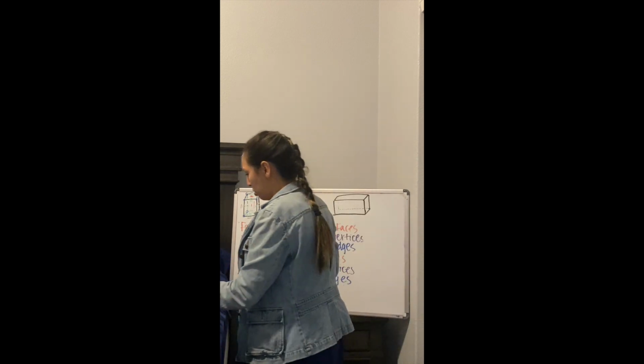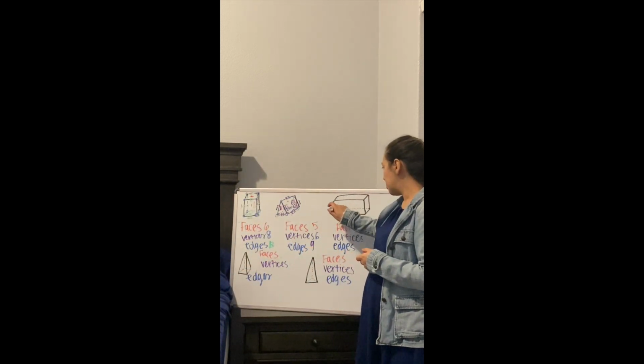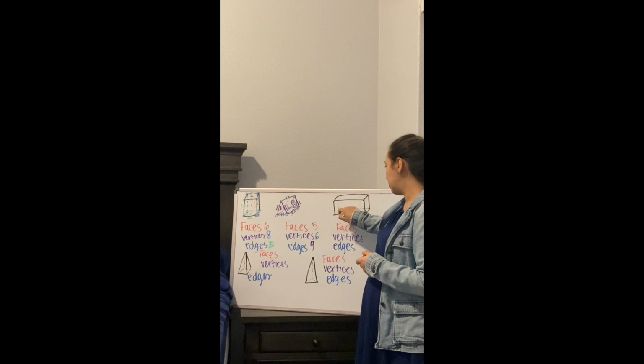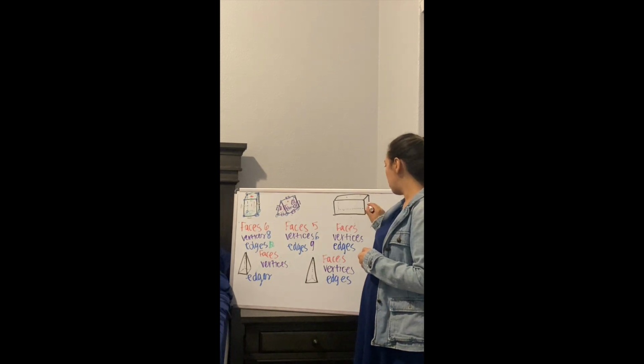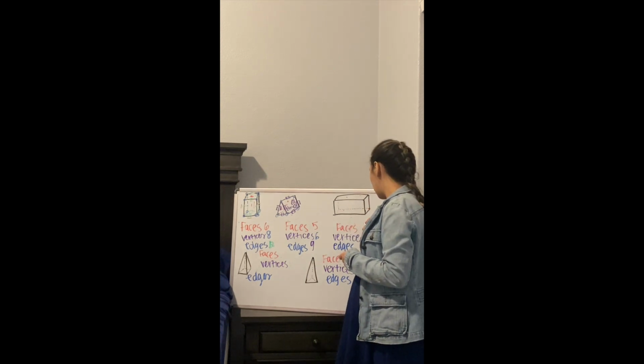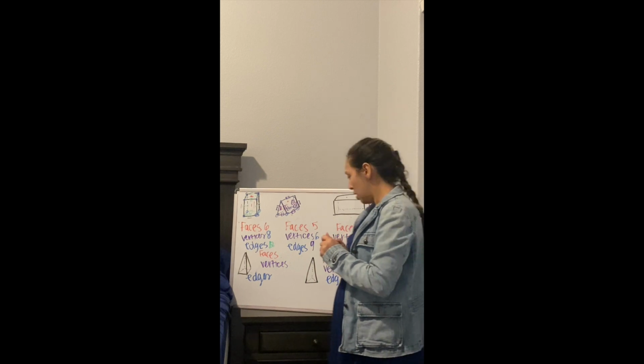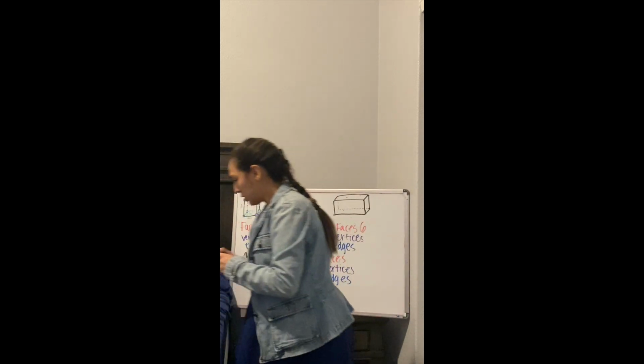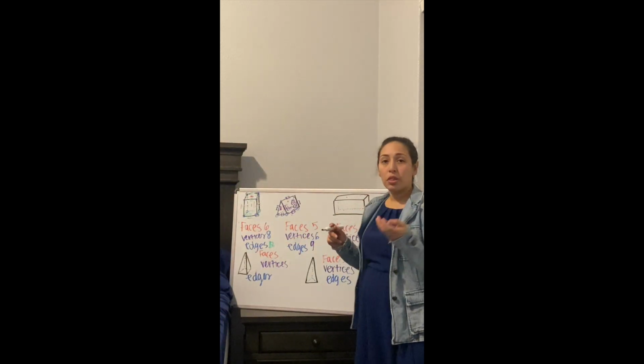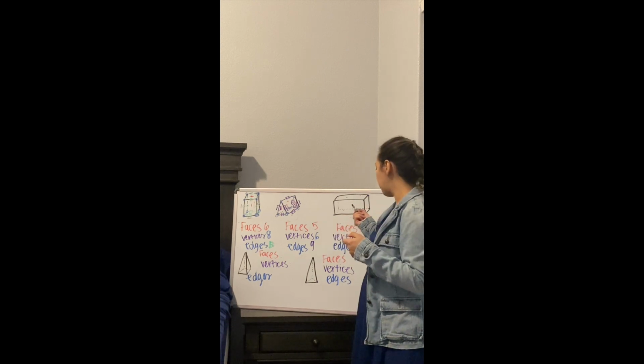Now let's do the rectangular prism. Faces, 1 on the side, 1 in the front, 1 on the back, and then 1 on the top, 1 on the bottom, 1 on this side. 1, 2, 3, 4, 5, and then 6. 6 faces on our rectangular prism. And then our vertices, we're gonna find out where the 3 points connect on our prism.